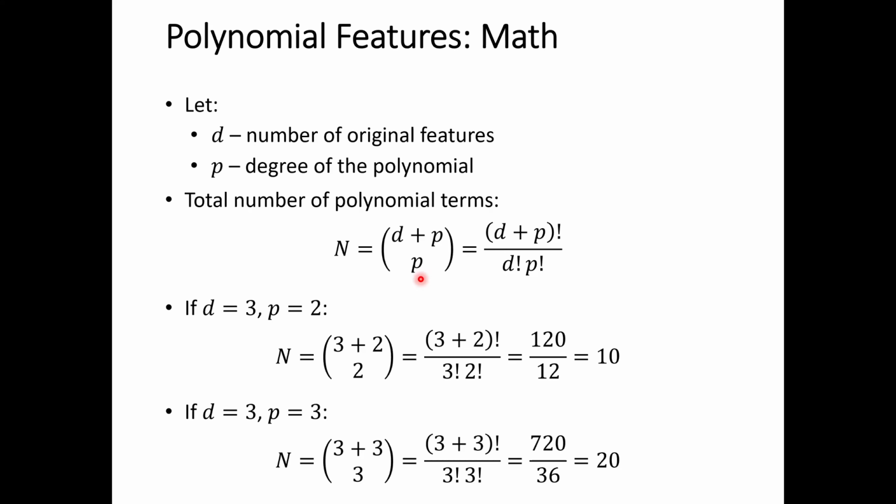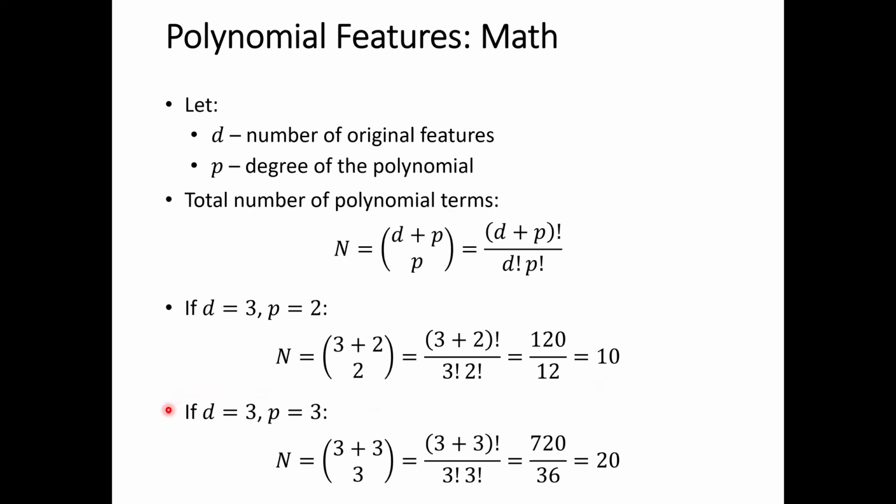This binomial coefficient can be computed as d plus p factorial divided by d factorial times p factorial. For example, if d equals 3 and p equals 2, then n equals 3 plus 2 choose 2, which is 3 plus 2 factorial over 3 factorial times 2 factorial. That's 120 divided by 12, which equals 10.